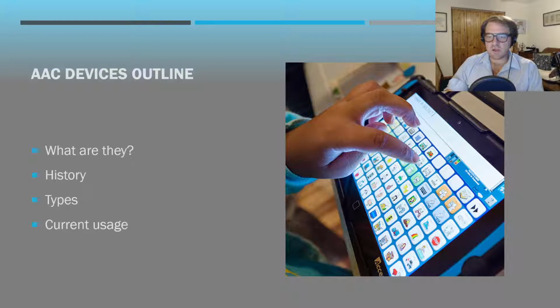And likely, this communication board would say the sentence that they're typing out to a communication partner, or the communication partner could read it if they can't hear what the communication board would be saying.